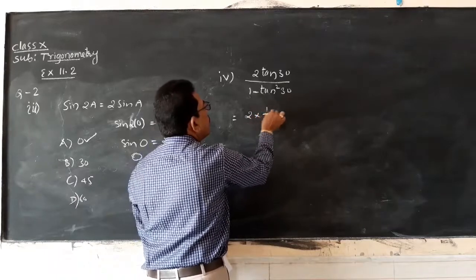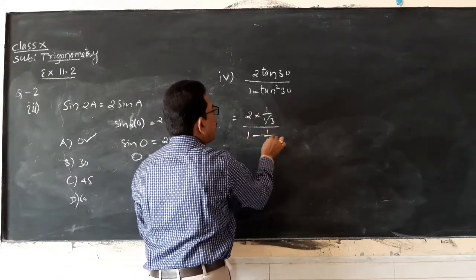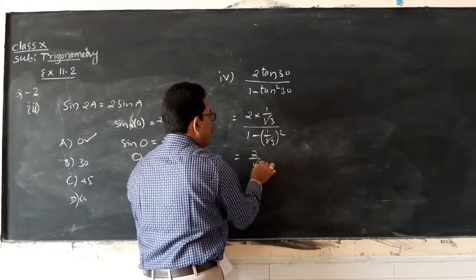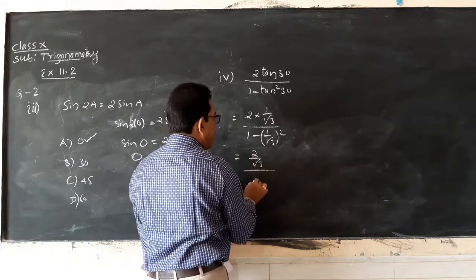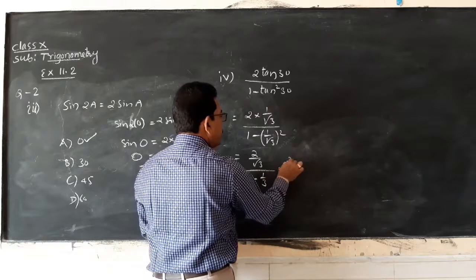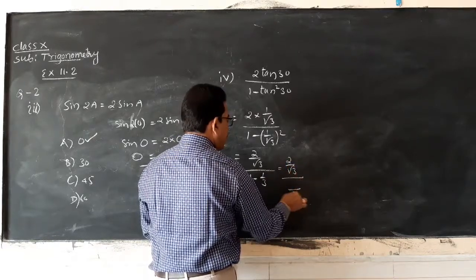Okay, 2 into 1 divided by root 3, divided by 1 minus 1 by root 3 whole square. Then 2 by root 3 whole divided by 1 minus 1 by 3. LCM is 3.